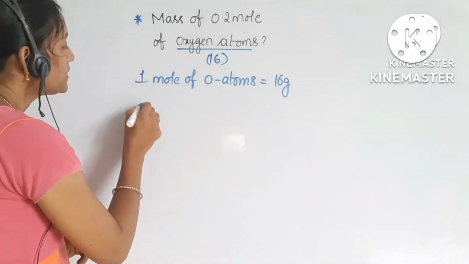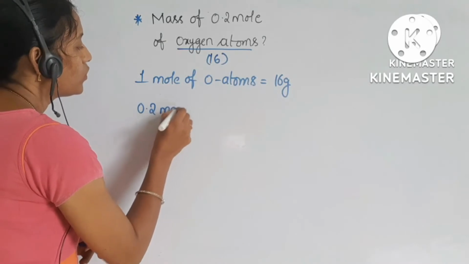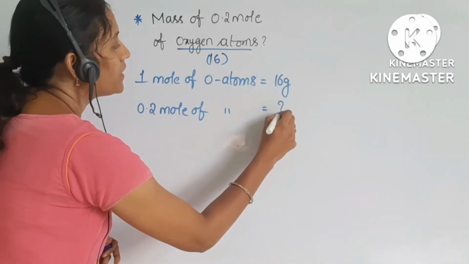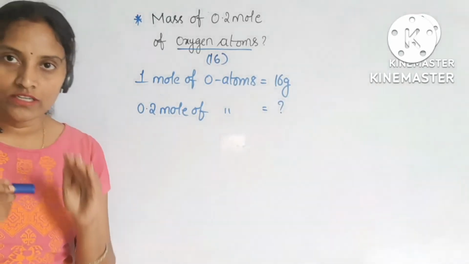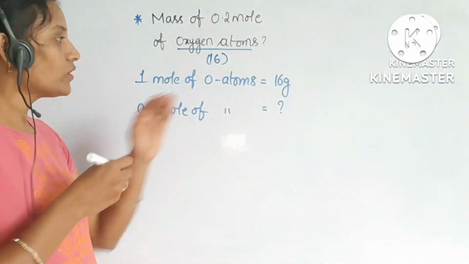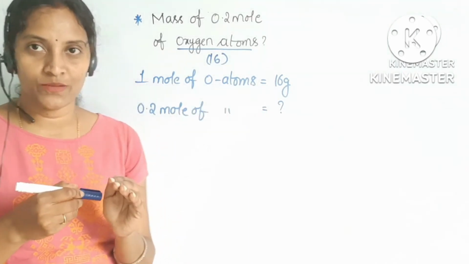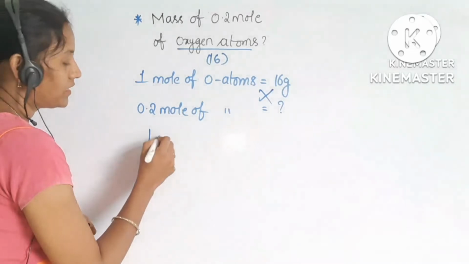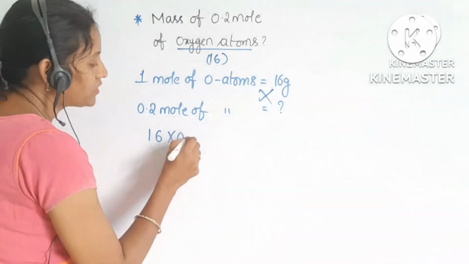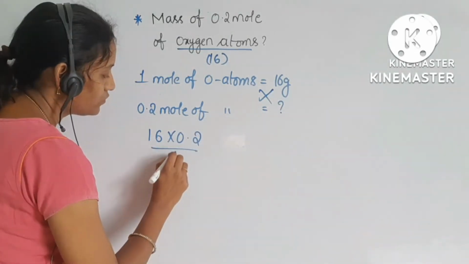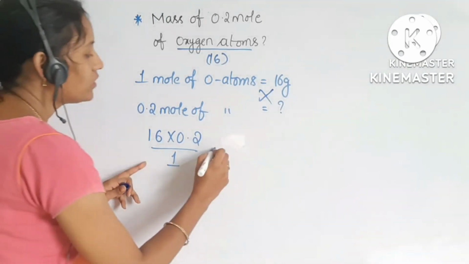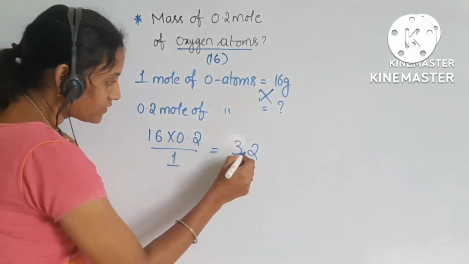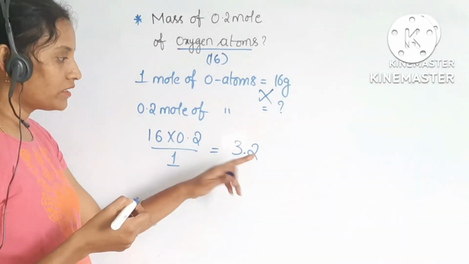Then 0.2 mole of oxygen atoms is equal to how many grams? You have to calculate now. Here also you can do cross multiplication. Then you will get 16 into 0.2 divided by 1. 16 twos are 32, and with one decimal place, you can put the point between 3 and 2.